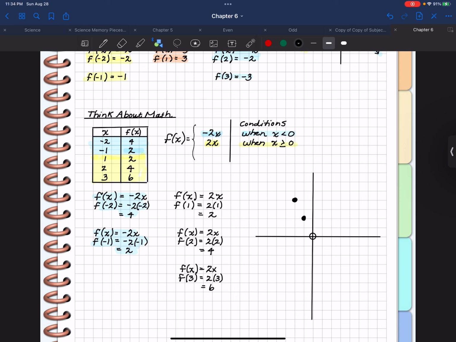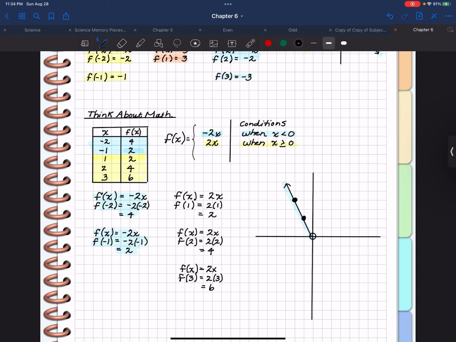Excuse me, x is less than 0. The function will go this way. Okay, that is the blue part. Okay, let's put the yellow part in.